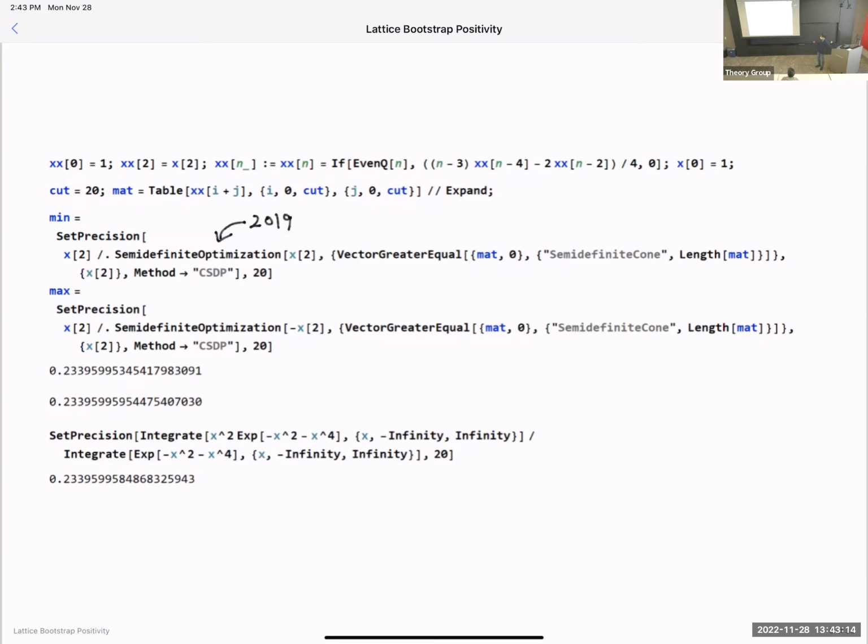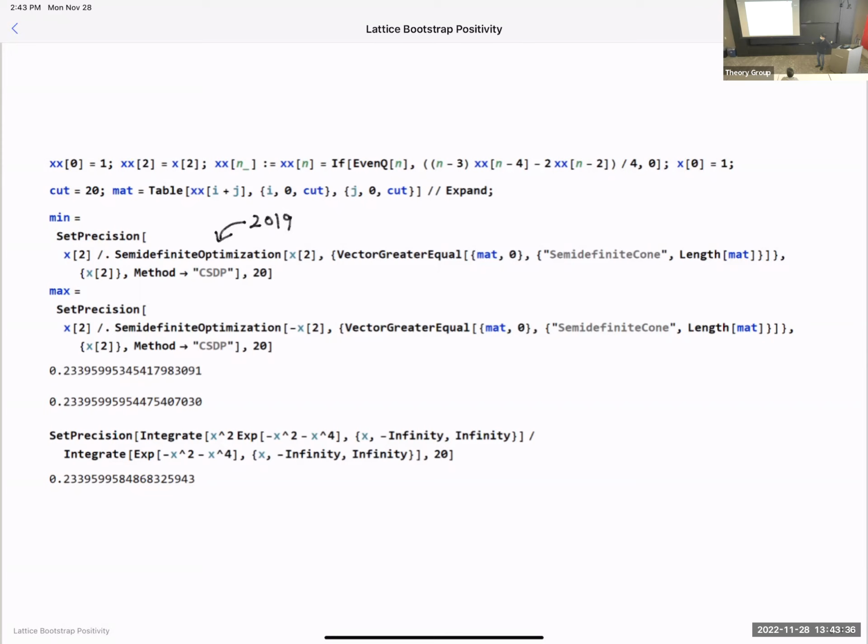So you can take this as something as standard as Integrate. So this is min, this is max, these are the results. They differ only around the 8th or 9th digit. The exact result is below.